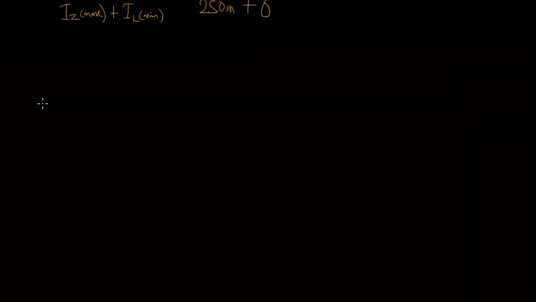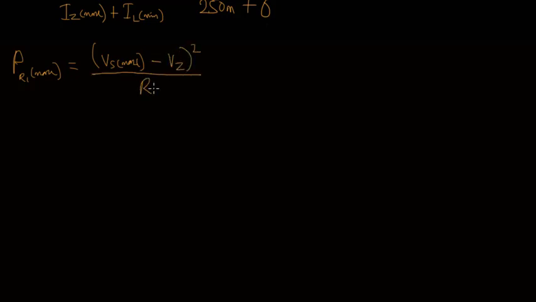The maximum power dissipated in the resistor, Pri max, is Vs max minus Vz all squared divided by Ri, which will be equal to 14 minus 8 all squared divided by 24. That will be equal to 1.5 watts.